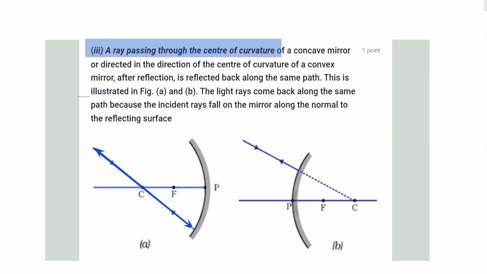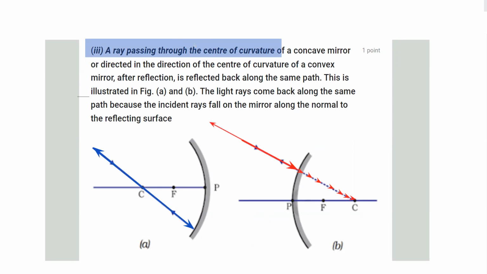In case of a convex mirror, if a ray is directed towards the center of curvature, which as you know is on the other side, it will rebound back on the same path.